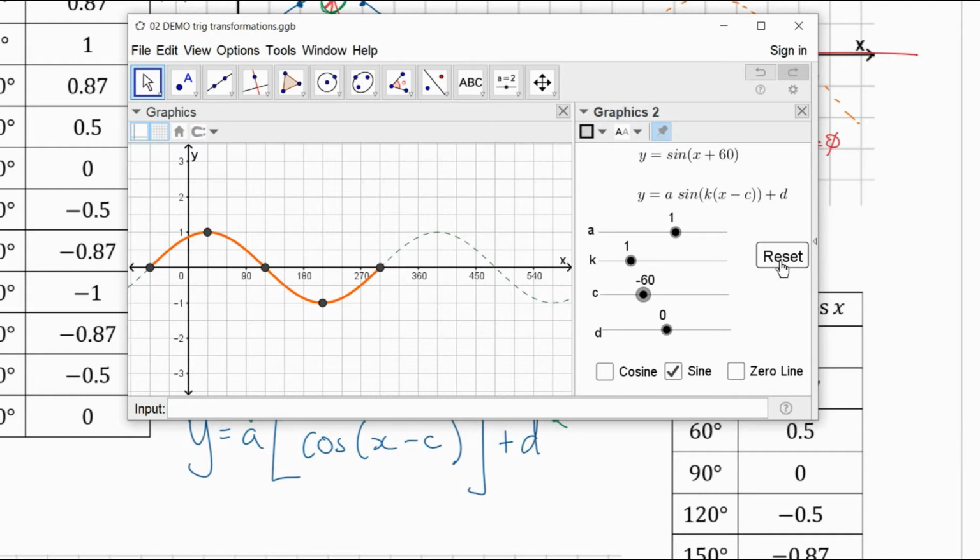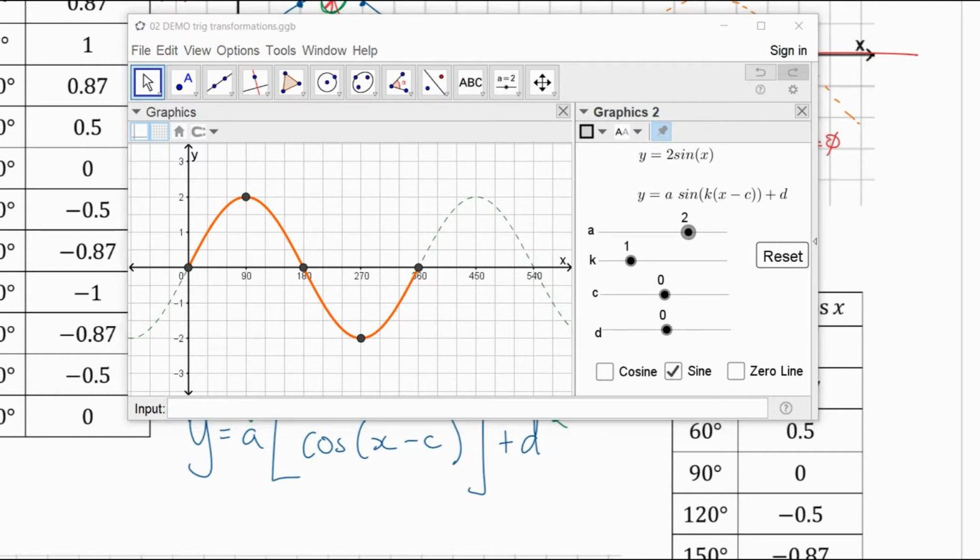Okay. Last thing I want to talk about is a mistake a lot of people make when they're learning this. I just changed the amplitude to 2, right? Because now I'm going from the 0 line up 2 to the max and the 0 line down 2 to the min, okay?